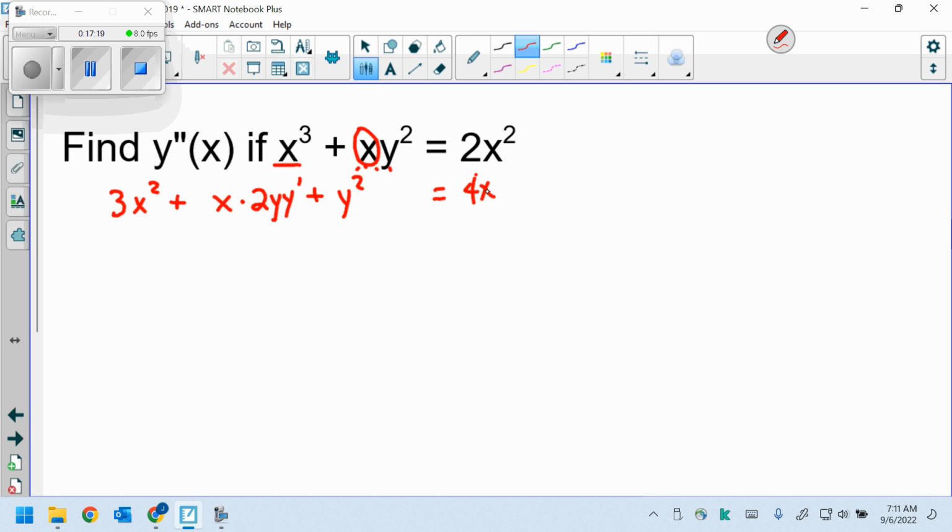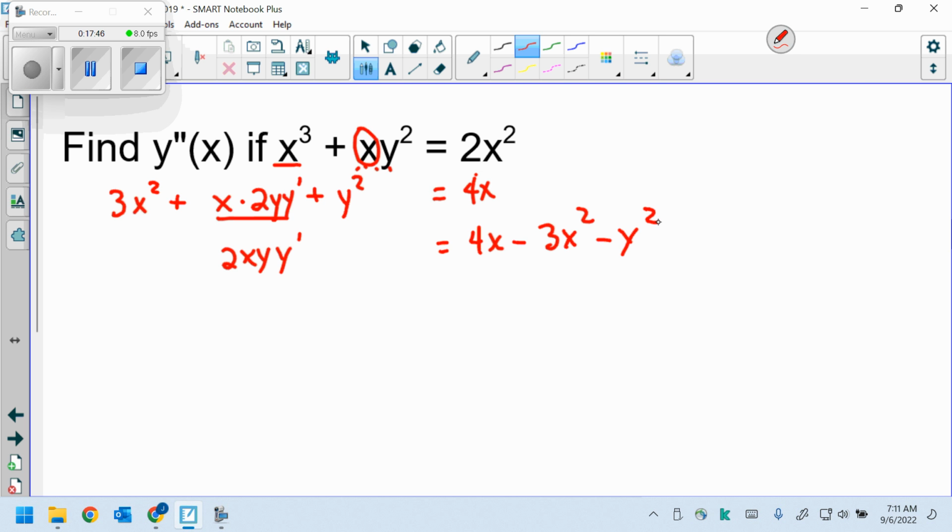Well, organized is pretty nice. This is the only y prime term there is. So 2x y primed equals this 4x. I'll have to subtract the 3x squared. I have to subtract the y squared.